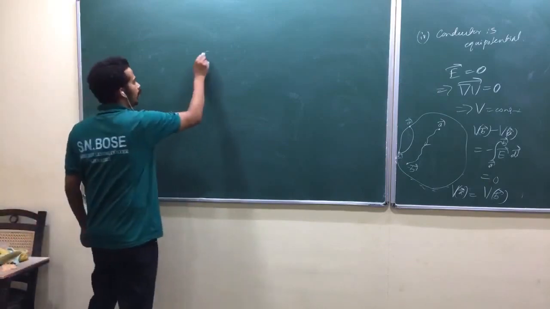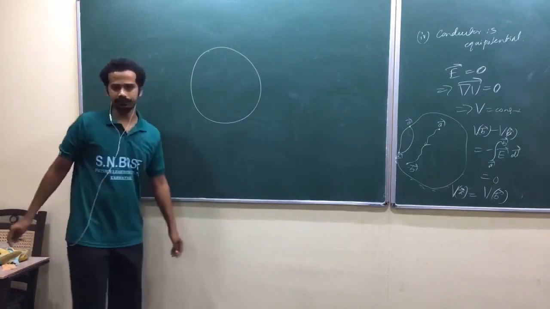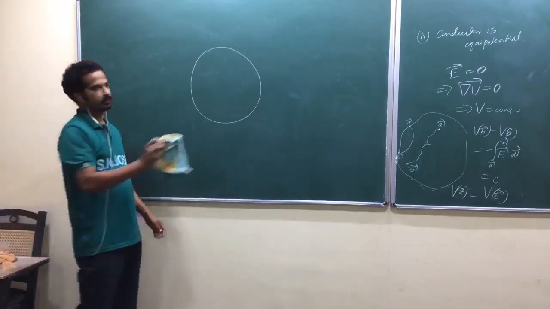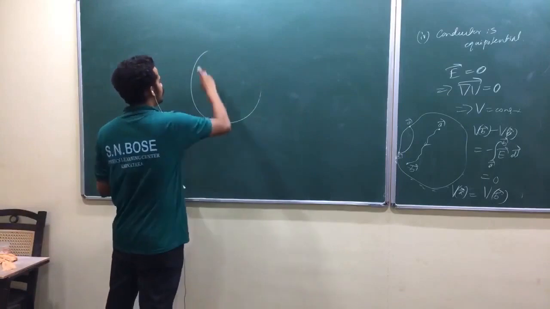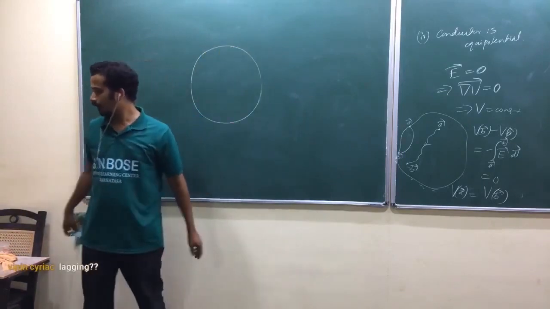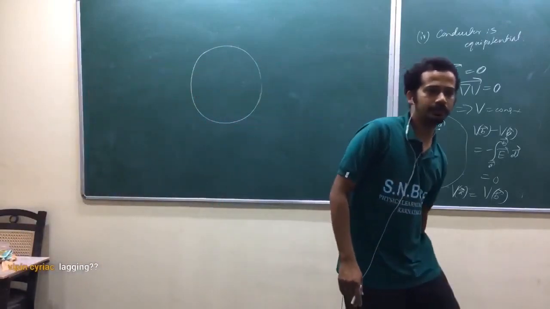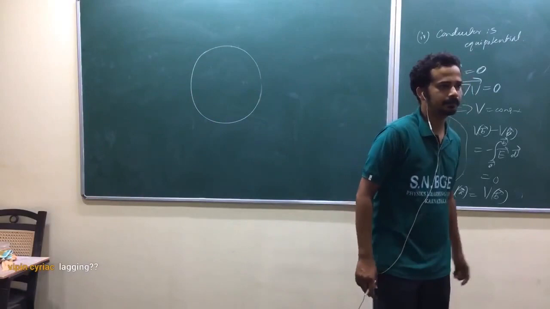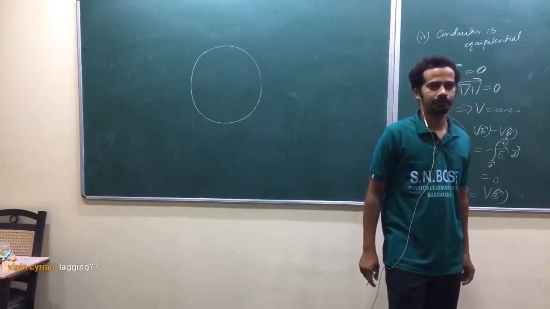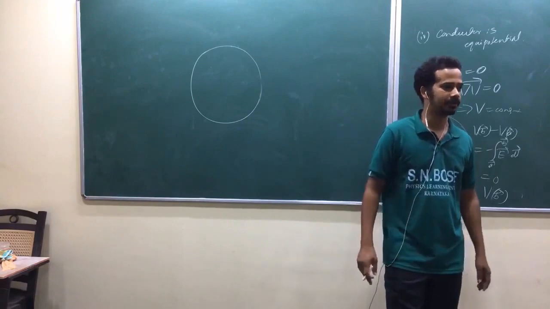Now I had a neutral conductor, suppose spherical in shape. If a conductor surface is uniform, then charge distribution should be uniform. Why? If charge distribution is non-uniform, there will be a parallel component.